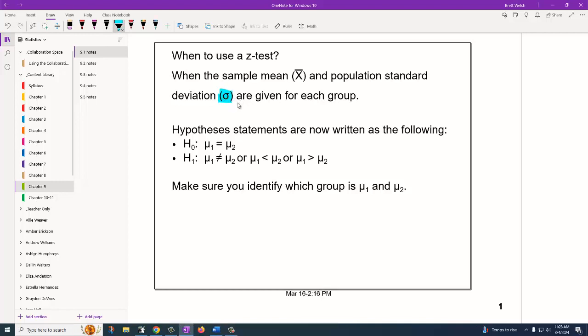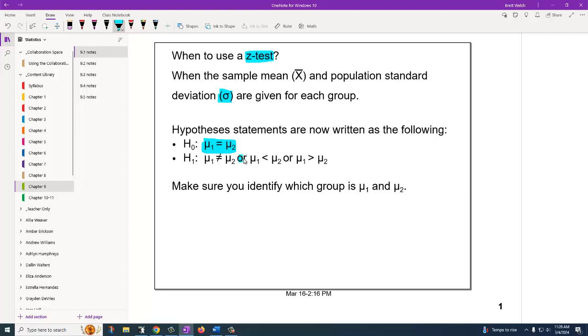If we don't know sigma for both of them, we can't run a z-test. But if we do, the z-test is the best test for us to run, so we will always defer to that. Our null hypothesis is going to be that there is no difference: mu1, the mean of the first group, is equal to the mean of the second group.